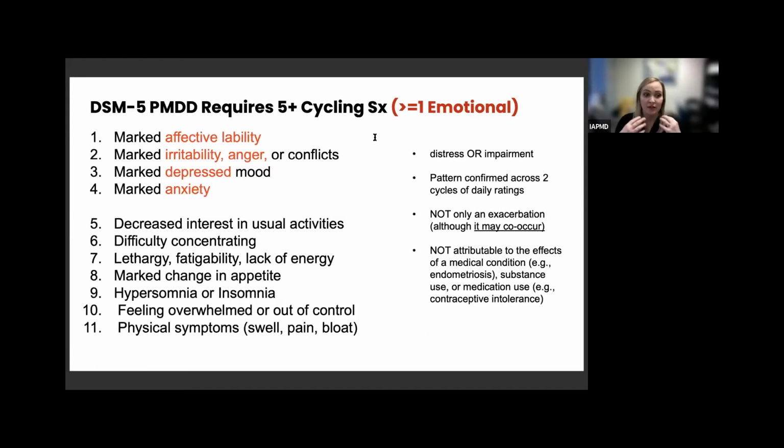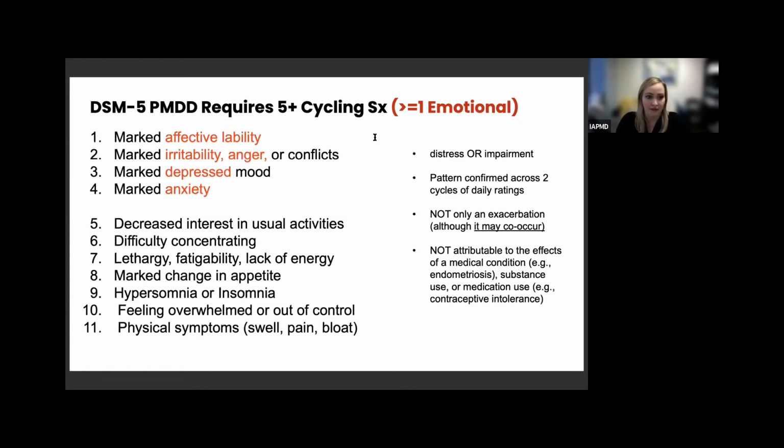It needs to include at least one of the first 4 symptoms, which are the core emotional symptoms. So affective lability, irritability and anger, depressed mood or anxiety. The most commonly endorsed are affective lability or mood swings, and irritability and anger.